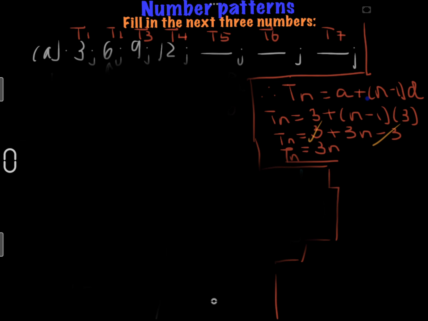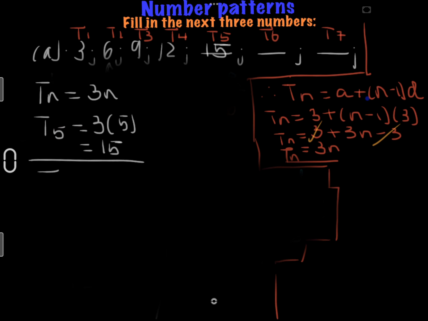Now, we saw that Tn is equal to 3n. Now, to find term 5, the first missing value, it means 3 times 5, since term 5 is the fifth term. 3 times 5 gives us 15. So this value here is equal to 15.